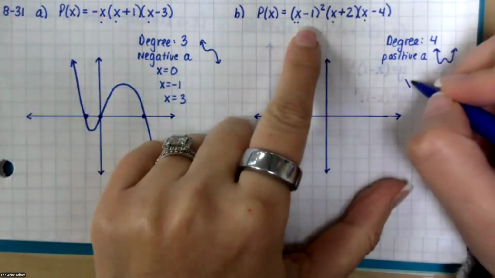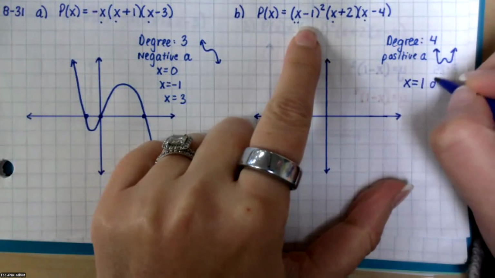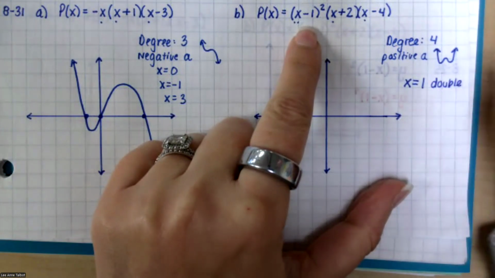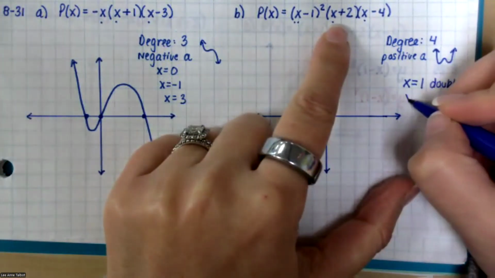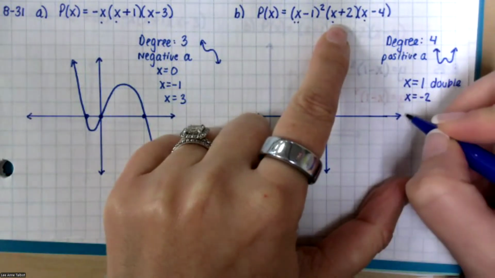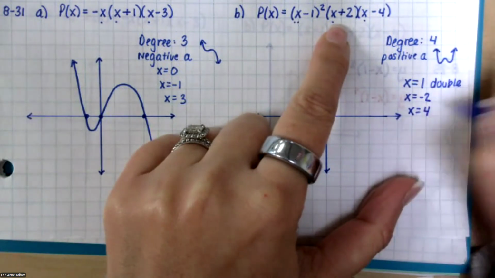I have x equals 1 is a double. x equals -2. x equals 4.